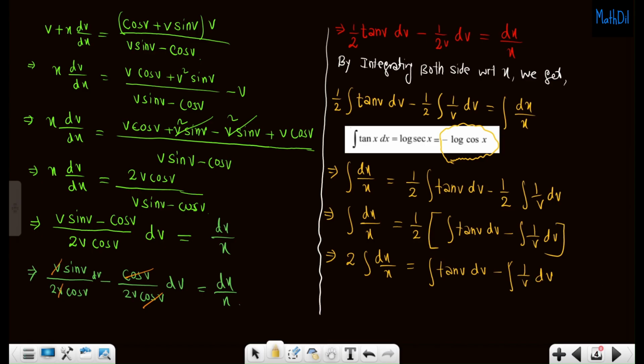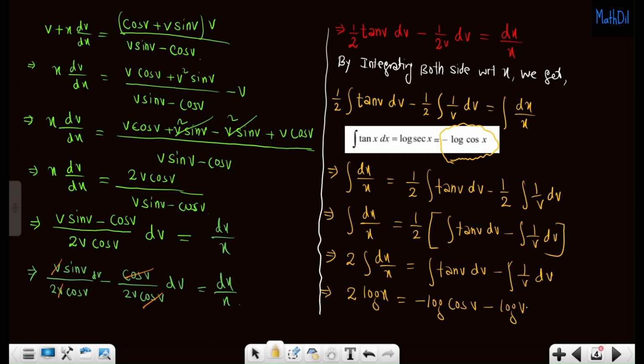So students, now we can integrate it. It will imply that 2 log x will be equal to, what is the integration of 10? This is the integration of 10: log cos v minus, what is the integration of it?